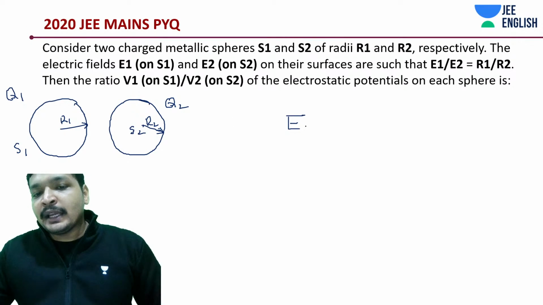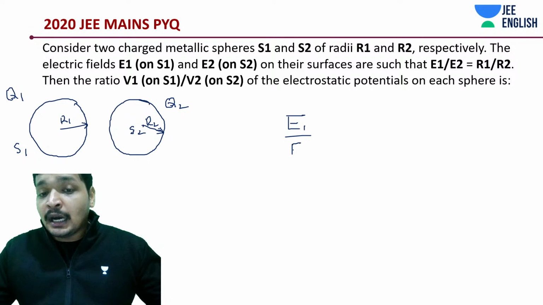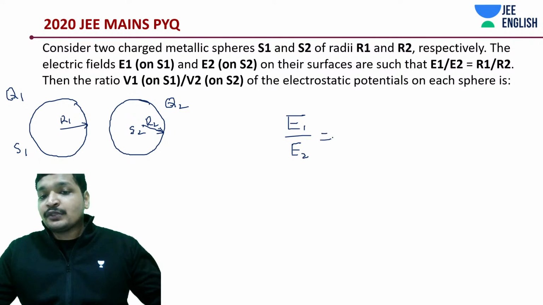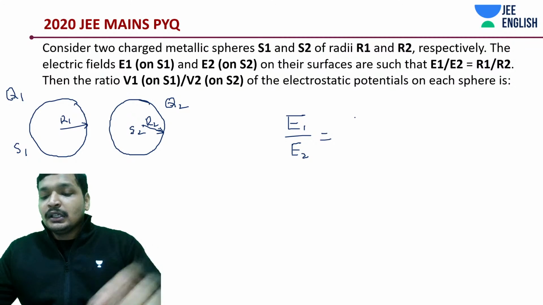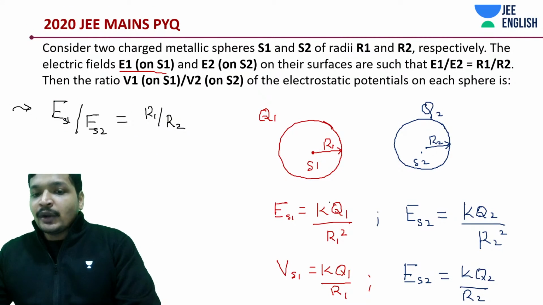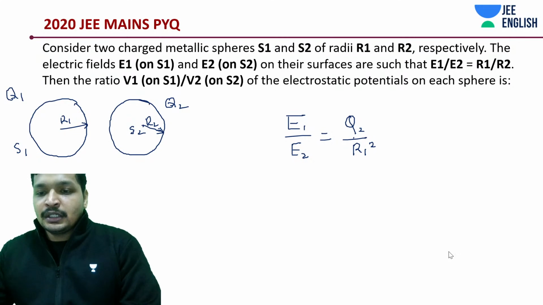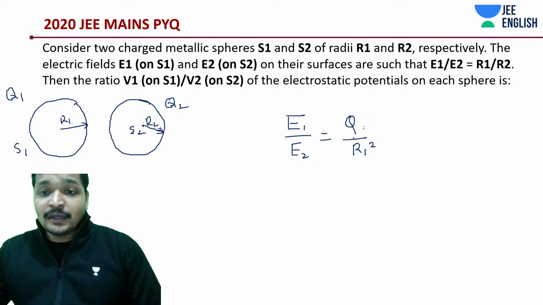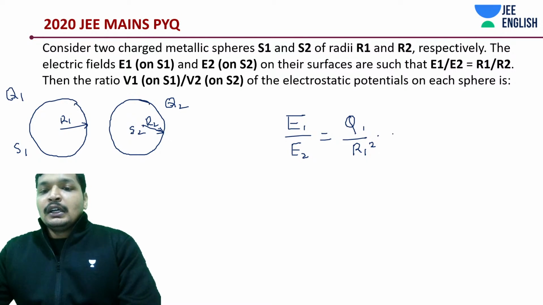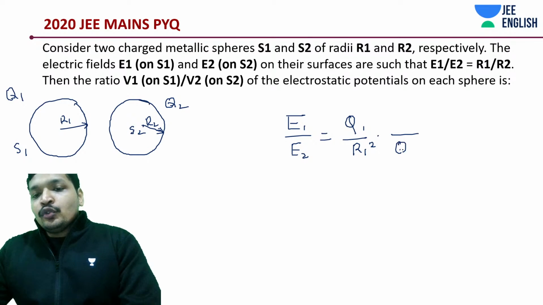Now E1 by E2 from our derivation, which is nothing but ES1 by ES2: K gets cancelled out, and you have Q1 by R1 square into Q2 by R2 square, which is given to you as R1 by R2.